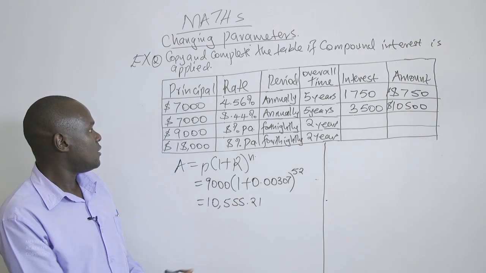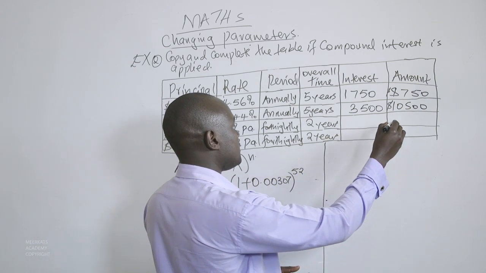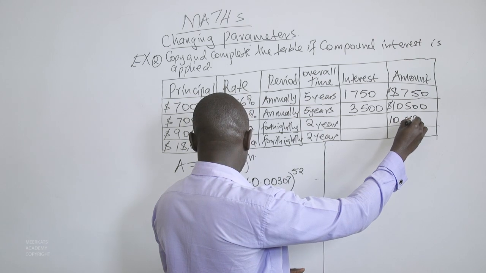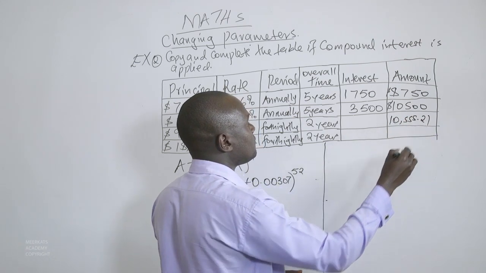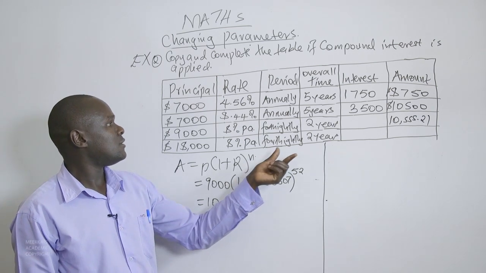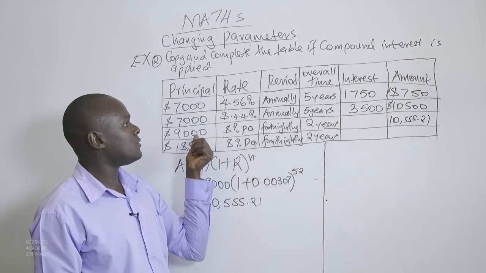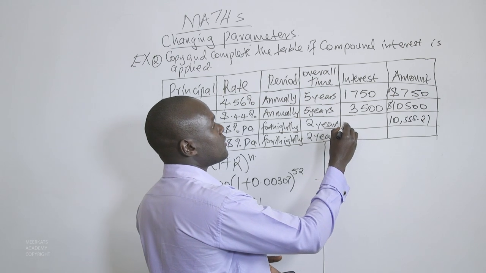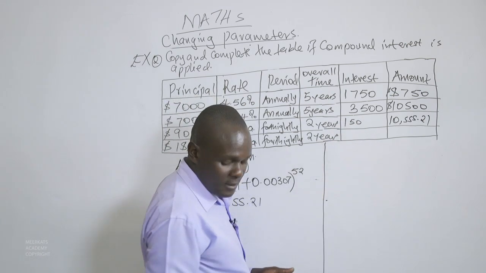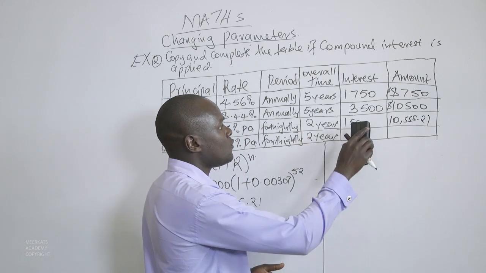This is the amount. What will be the interest? The interest is basically the difference between the amount and the principal, and when we subtract, we'll get 1,555.21.